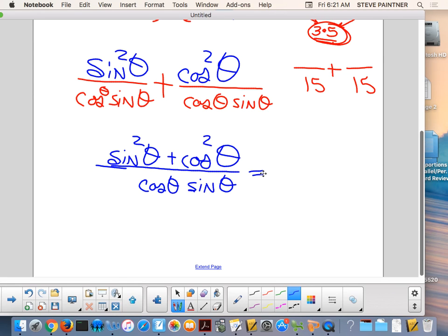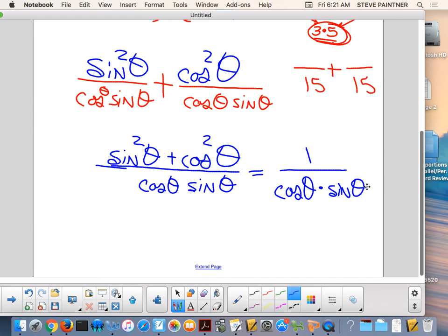And if you look at your little cheat sheet that Mr. Kuntz has given you, the identities, it says on the Pythagorean, cosine squared plus sine squared is 1 over cosine of theta times sine of theta.